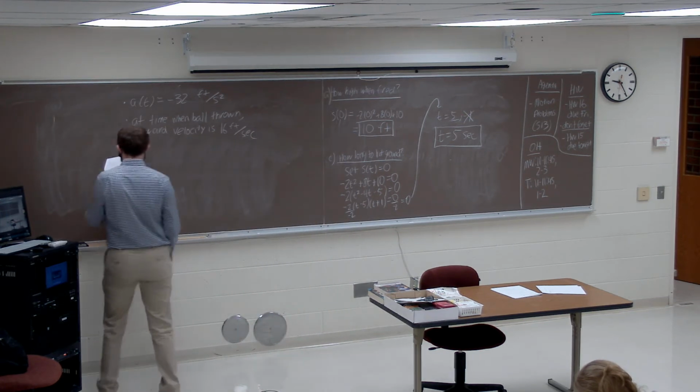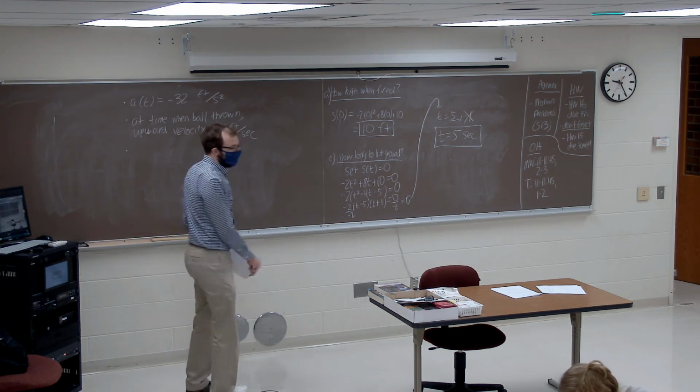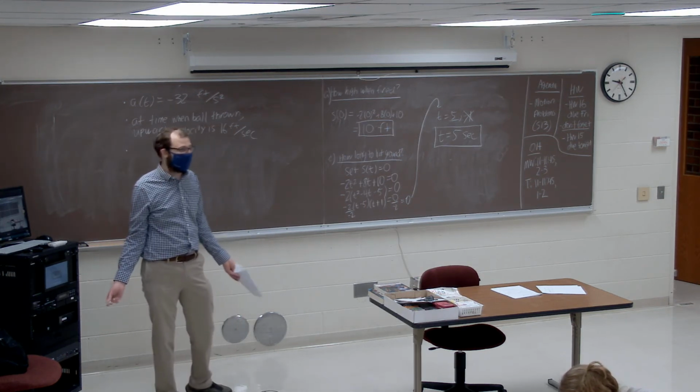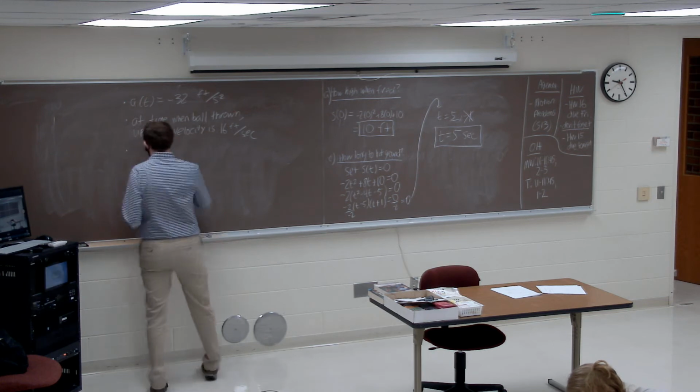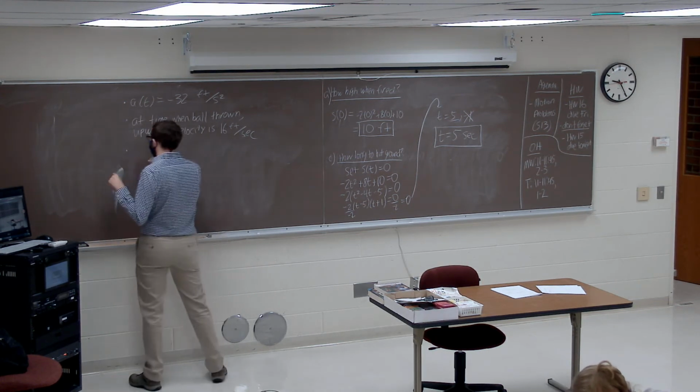And finally, let's pretend Dr. Gerstle is a giant. Or maybe I'm standing on a building doing this, throwing it upwards or something, I don't know. But let's say the ball is thrown upwards from an initial height of 96 feet off the ground.